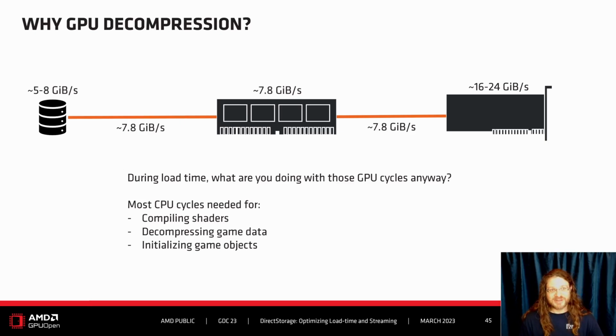And as we can see in the little diagram above, if we limit ourselves to the slowest performance of any path or device along the way, it makes sense to delay the decompression all the way towards the end. And there are decompression rates that we are observing often on higher end GPUs of around 16 to 24 gigabytes per second.